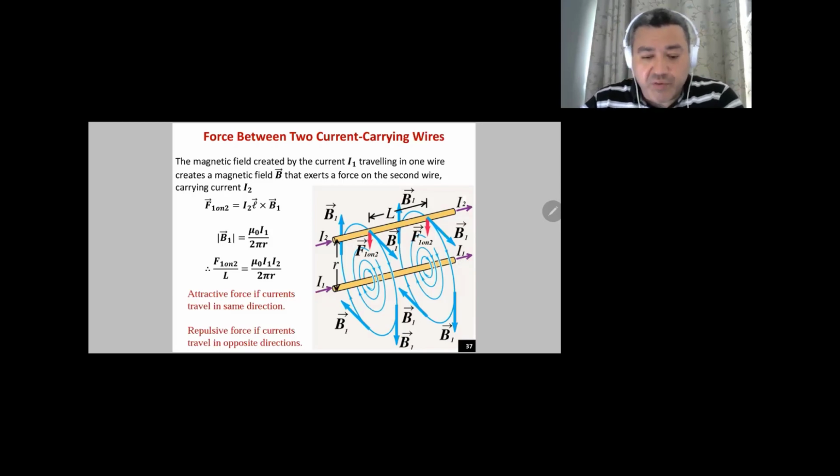However, they are equal in magnitude. You can see here the 3D visualization. This is B1, the magnetic field due to the current I1 right at the location of wire 2.